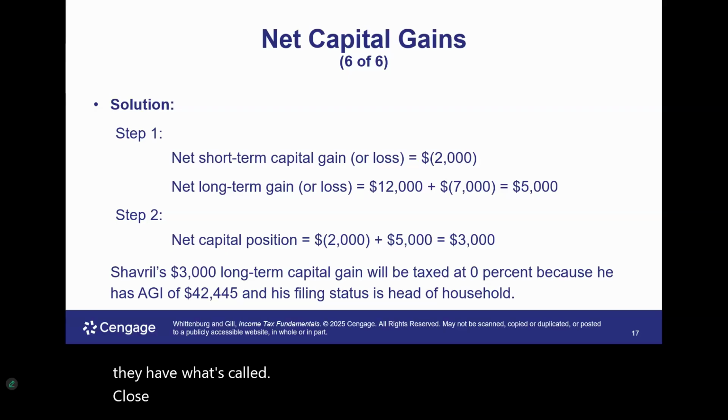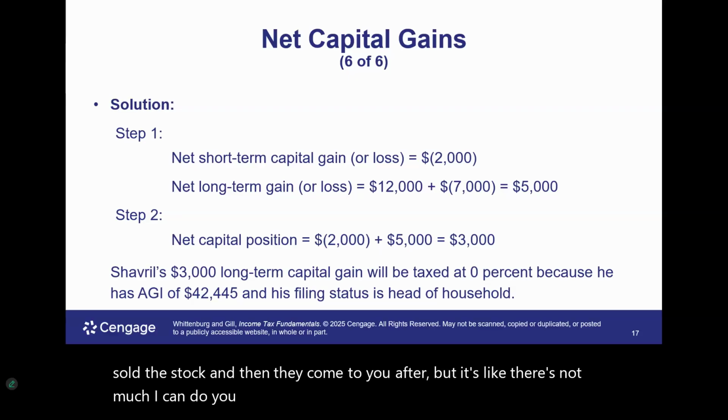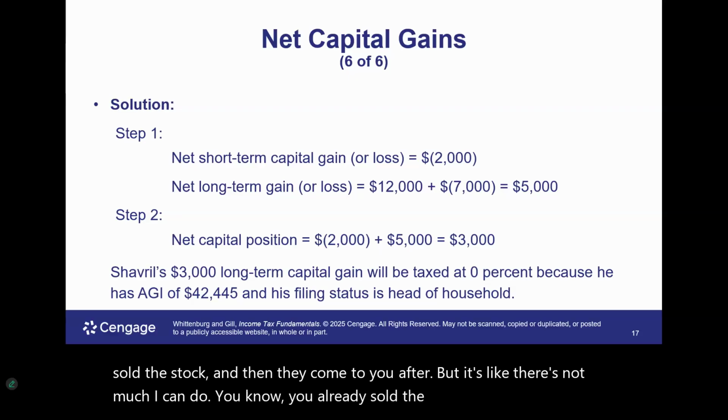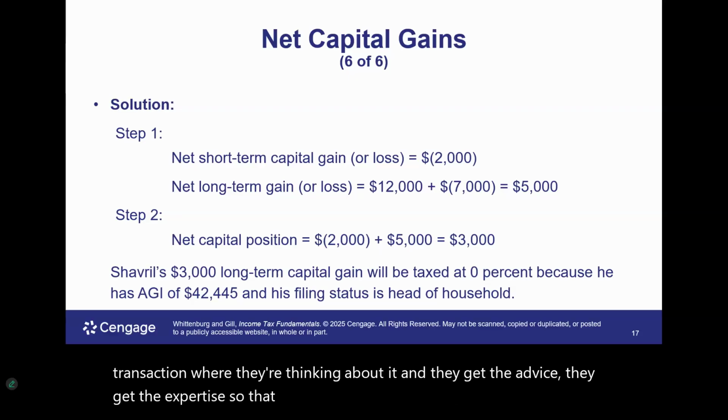They did what they did. They sold the property, they sold the stock, and then they come to you after, but there's not much I can do. You already sold the stock. Versus what's called an open transaction, where they're thinking about it and they get the advice and the expertise, so that way they understand what the tax implications are going to be.